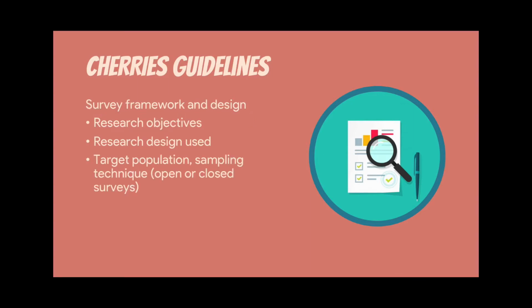So, what are the things that you need to ascertain when you are trying to plan, implement, and report an internet survey? First is survey framework and research design, and this is something that we already do when we are doing our protocol, our proposal, our chapter 1 and 2. So, of course, we need to have our research objectives or our statements of the problem in place.